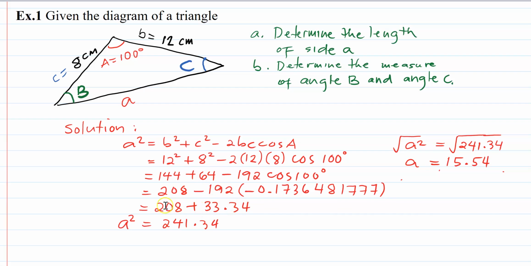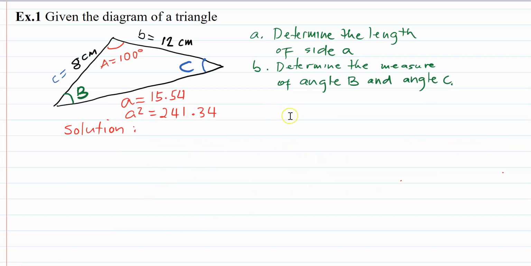Now we add this to 208, so our A squared is equal to 241.34. Now we take the square root of A squared, that will give us A, and we also take the square root of 241.34, that gives us 15.54. So therefore, side A is equal to 15.54.